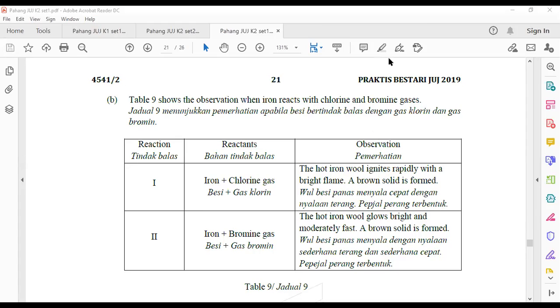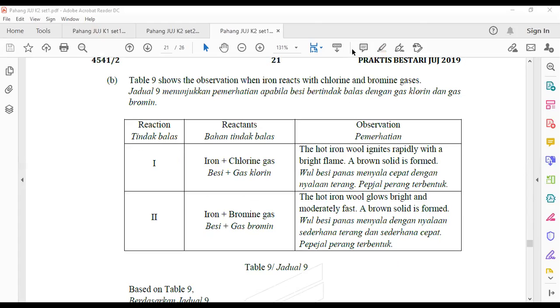Okay, now I need you to take note of the words here. Can you see? Ignites rapidly, compared here, glows bright and moderately fast. Now, when we use the words ignites rapidly with a bright flame, and glowing, which one is more reactive?